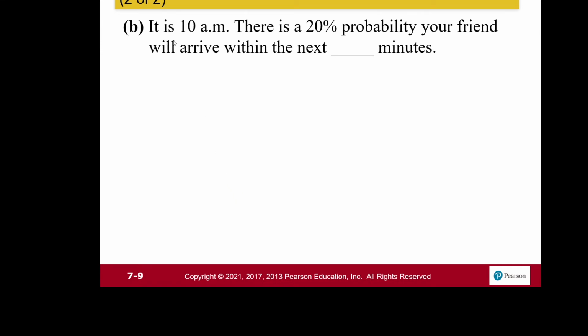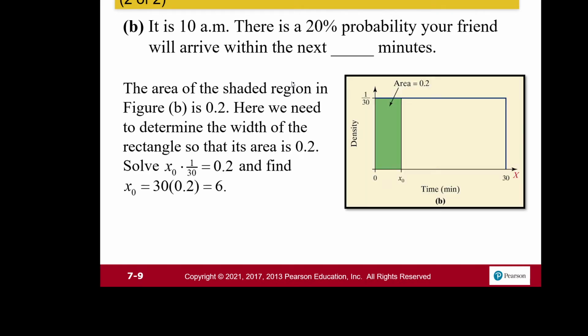Here's another problem. It says it is 10 a.m. There is a 20% probability your friend will arrive within the next blank minutes. So we need to calculate that. If it's 10 a.m., and we know that the probability is 20%, then we need to figure out how much over it will be in order to get a 20% region of the graph.